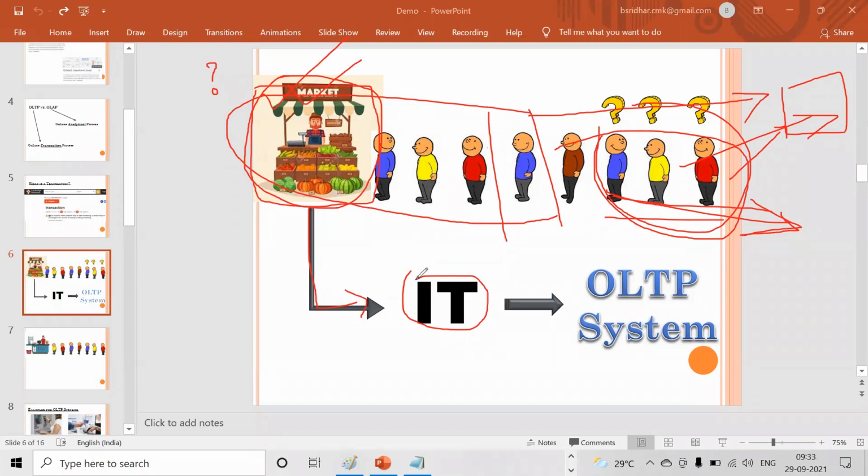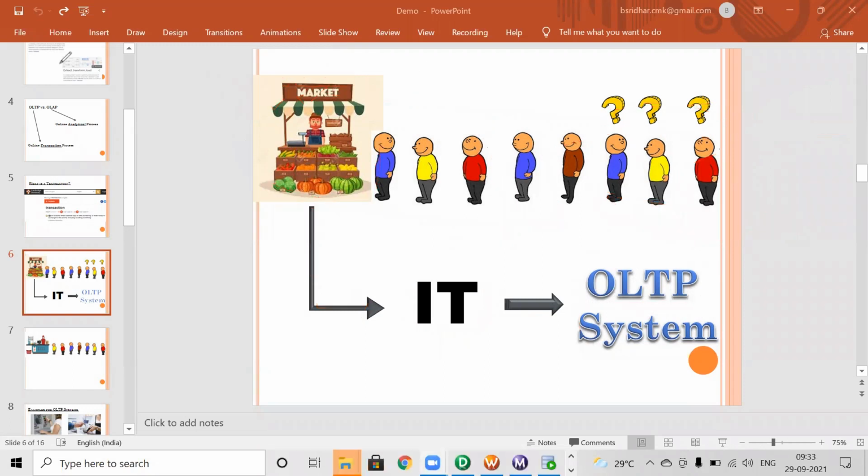So we need your support. Then IT said, don't worry, we'll give you a solution which is called an OLTP system. This is what we have seen earlier in the earlier slide, online transaction processing systems. So what are online transaction processing systems? Simple.